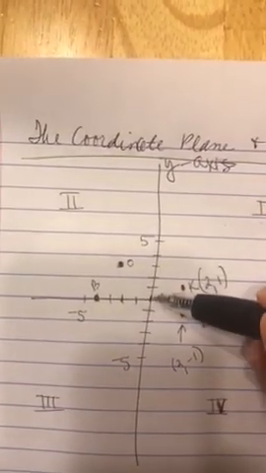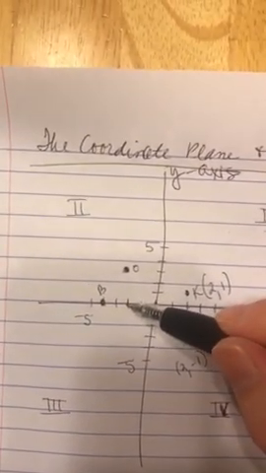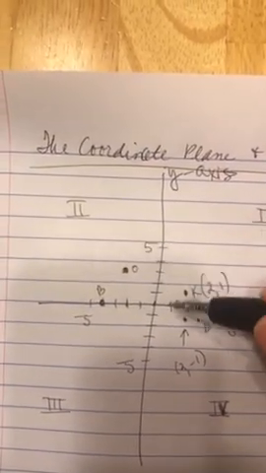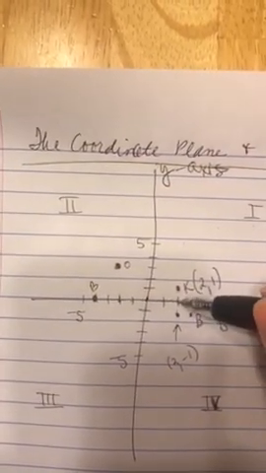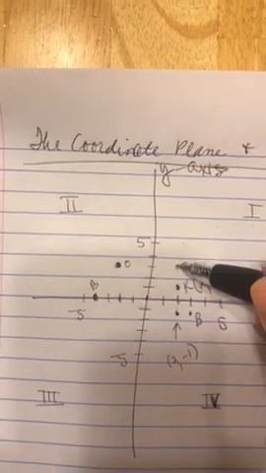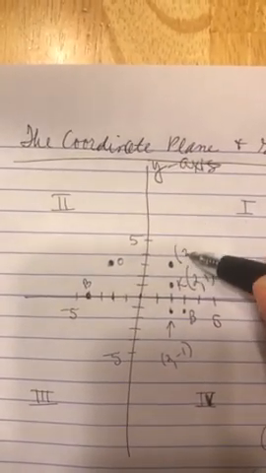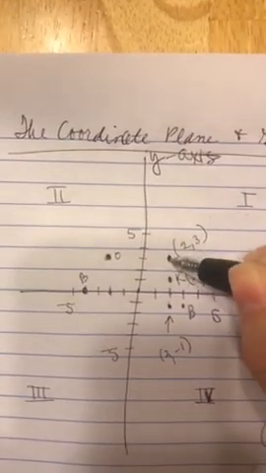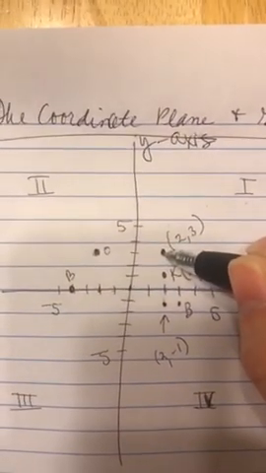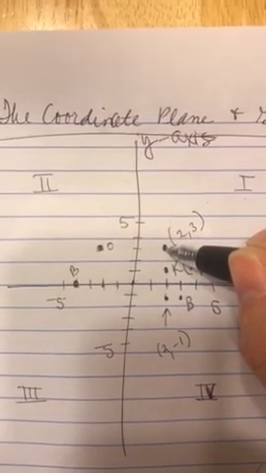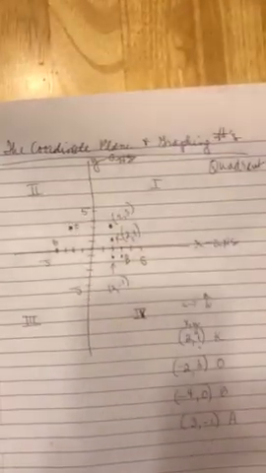If you folded it right on the y-axis, instead of over 2 to the left and up 3, it would be from 0, to the right 2 and up 3. And so that's where point O would be. It would be at (2, 3). This point right here is the reflection of O over the y-axis. That's the coordinate plane, and how to graph those numbers.